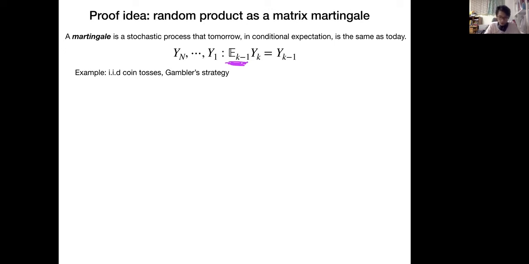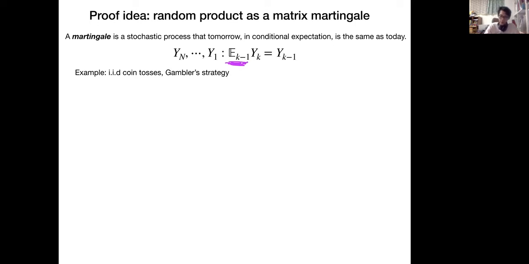Perhaps a more representative example is the gambler's strategy. A gambler is allowed to choose whatever they want to do, given the past. However, since the bet is fair, the expectation remains the same. So that's roughly a martingale.